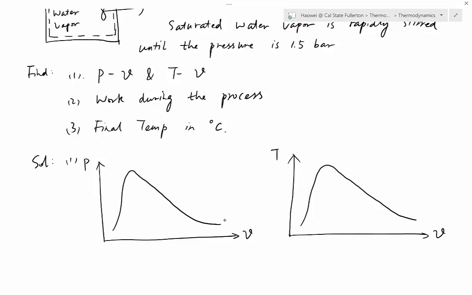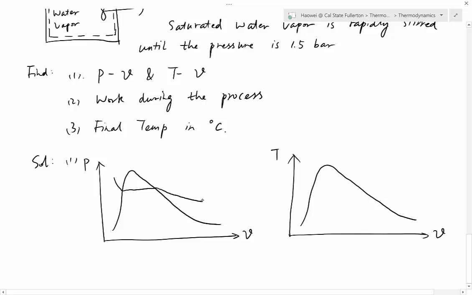Let's recall on the P versus nu diagram, you have constant temperature lines. How do we sketch a constant temperature line? You curve down first, and then straight line, and then you curve down again.